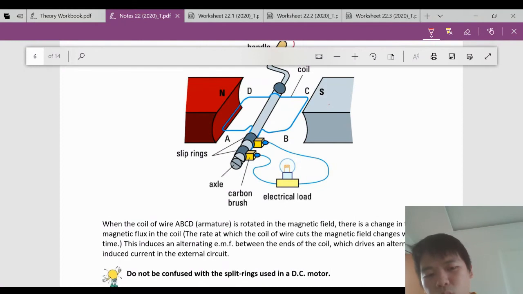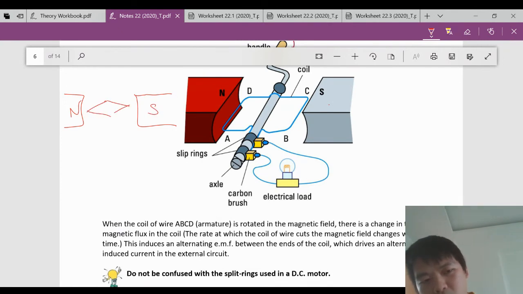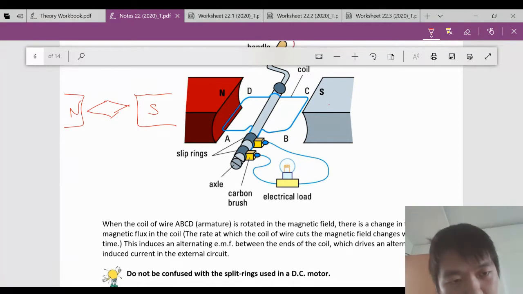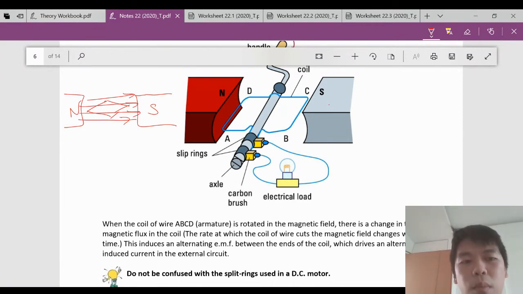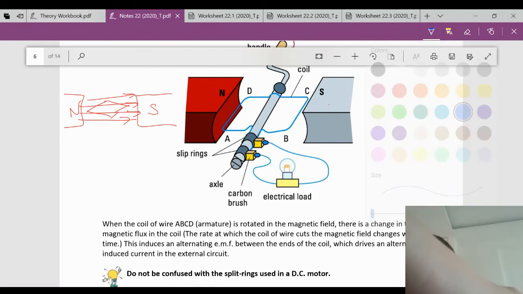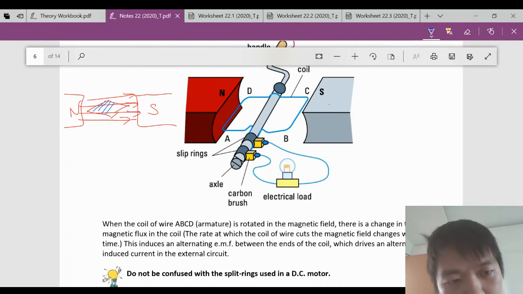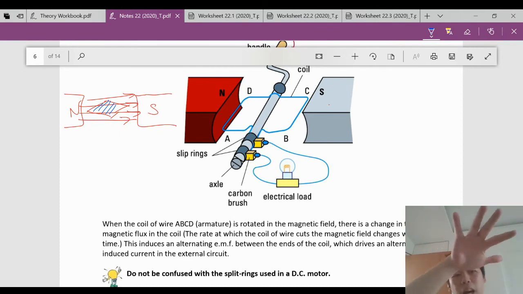Okay, so for example, if you have a magnet here and then you have a magnet here, north, south, as your coil moves, if these are the few lines moving from north to south, you realize that the portion that I will highlight here in blue are the magnetic field that is cutting across this coil. So the amount of magnetic field cutting across will change as your coil turns around.